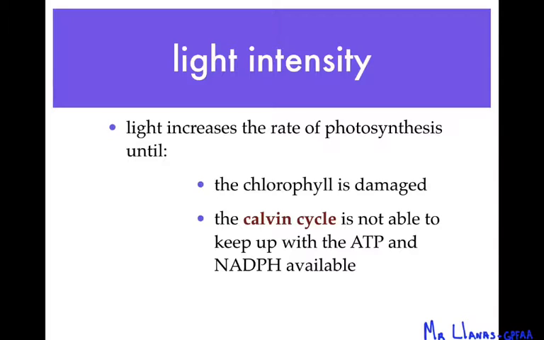Yes, the more light you add, the more you increase the photosynthetic rate, but eventually you're going to be making so much ATP and so many hydrogens that the Calvin cycle is not going to be able to keep up. So the light intensity increases the rate, but only to a point. After that, it's going to start damaging the actual chloroplast and making it ineffective.